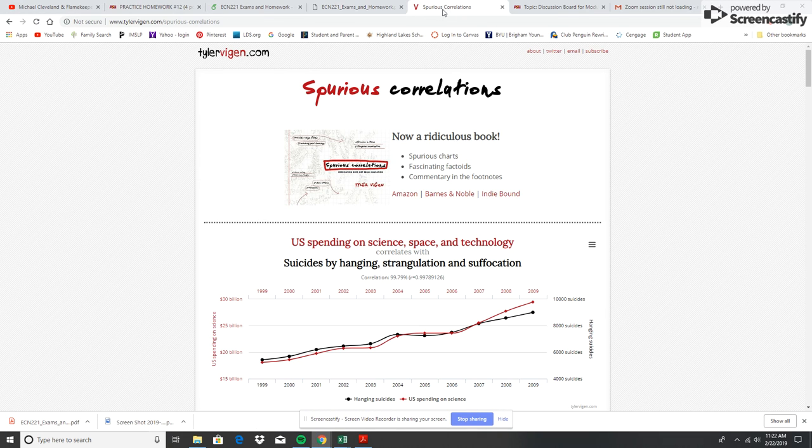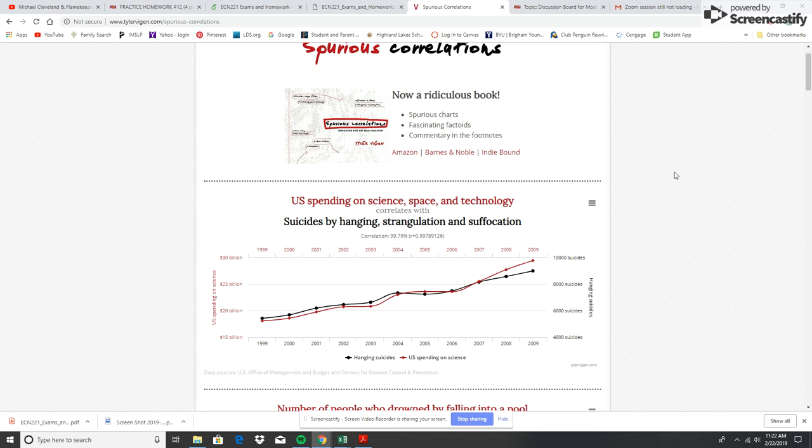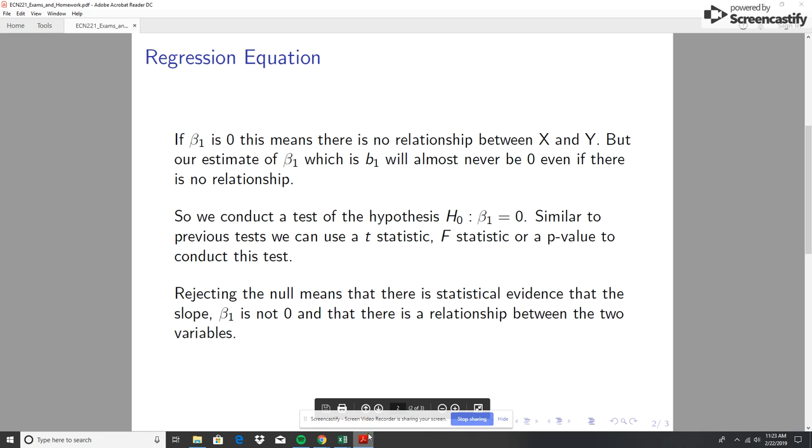I've got this website here that shows some spurious correlations, right? So between U.S. spending on science and space technology and suicides, it looks like they're related, but they're probably not. There's probably not much of a true relationship.